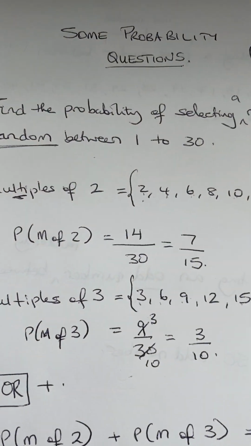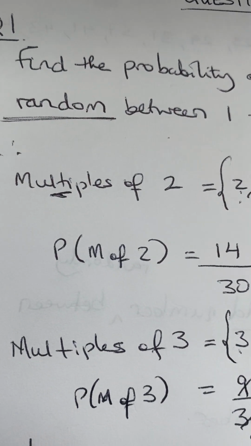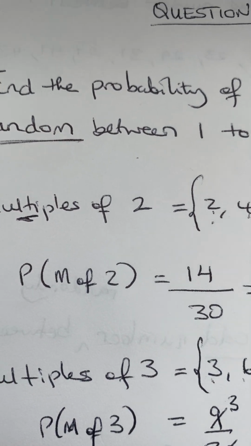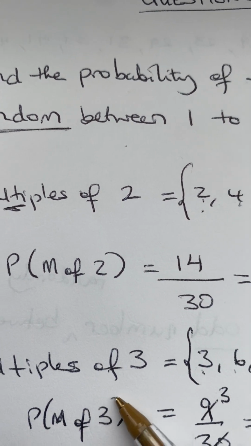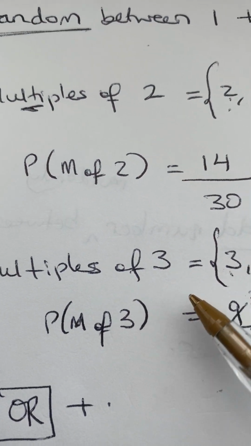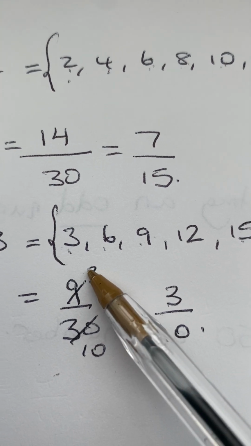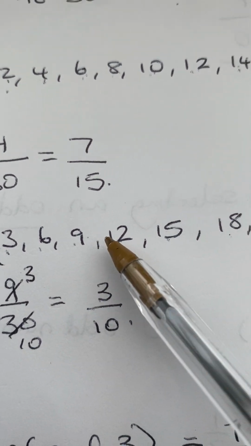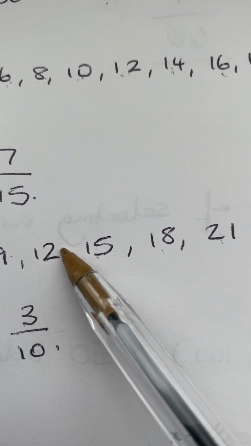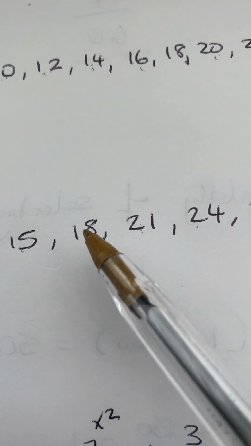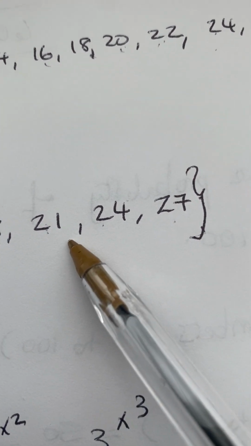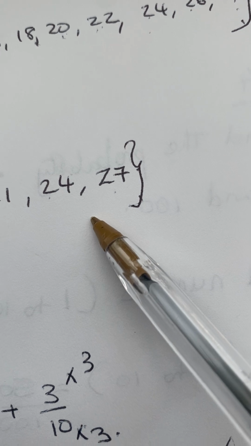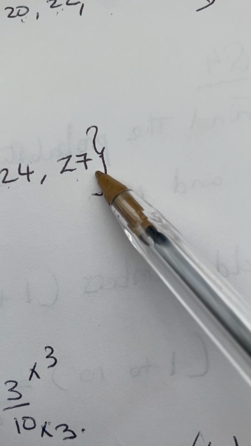Okay, take note of that. It's very important. Now multiples of 3 here is 3, 6, 9, 12, 15, 18, 21, 24, and 27.